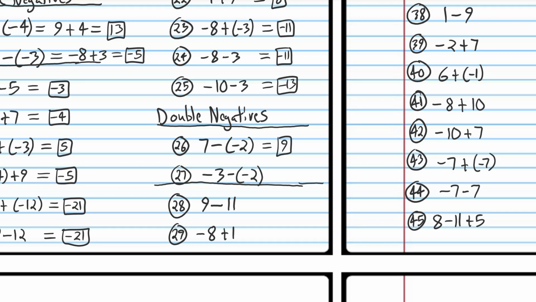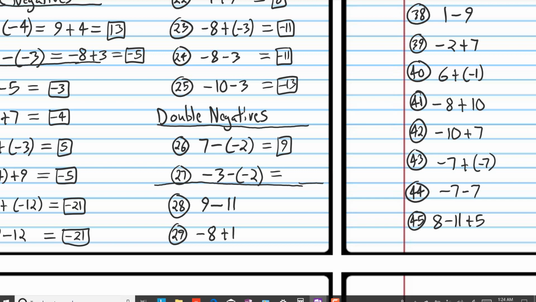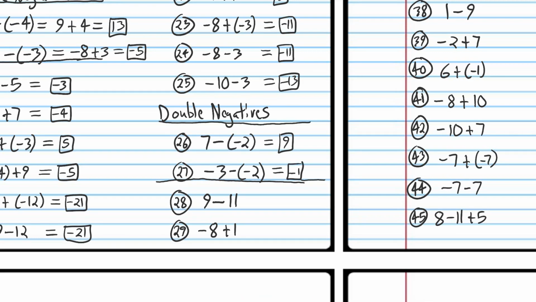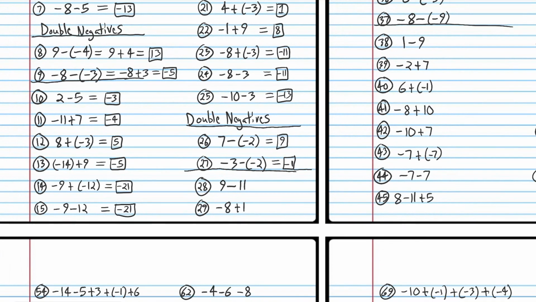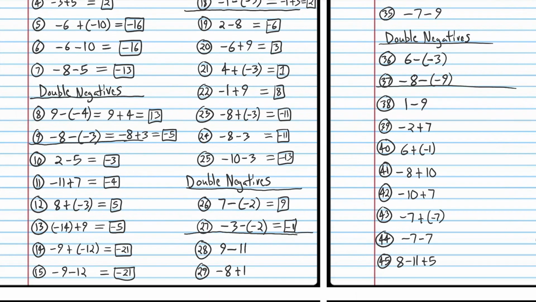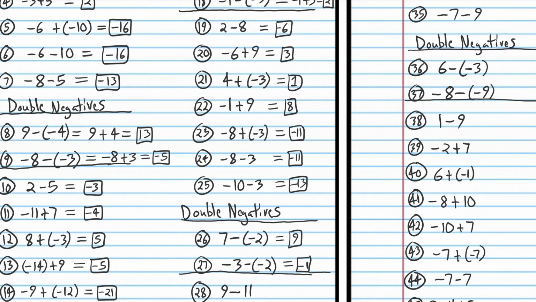That's a double negative. And -3 plus 2 would be -1. So if you did those correctly, good job. If you didn't do them correctly, go back and figure out what you did wrong.